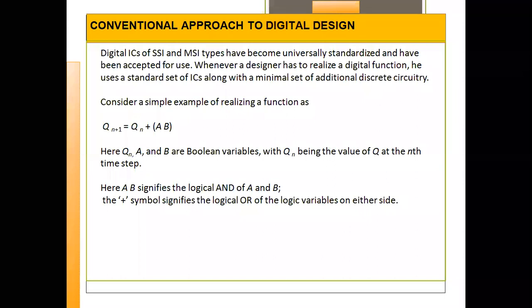For example, if you see a simple example of getting the output Qn+1 = Qn + A.B, that means A dot B, which is nothing but A AND B. Here Qn, A and B are Boolean variables. Q suffix n is nothing but the nth time step of Q.